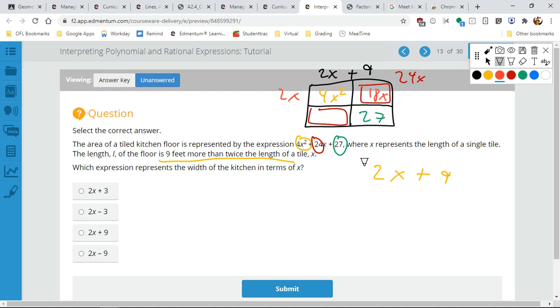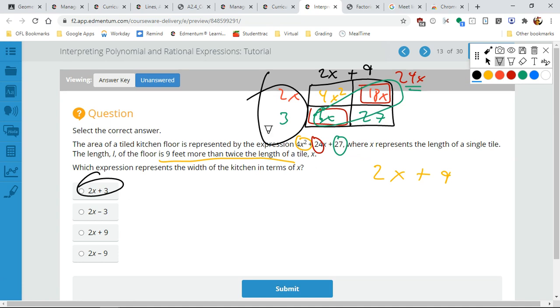Well, 9 times what gives us 27? 3. Then what goes here? 3 times 2x, that's 6x. This is why I like using the box method for everything. If we add these two up, guess what? They equal this 24x. So that means our answer to this question is 2x and a positive 3.